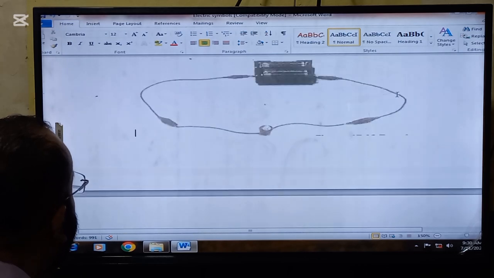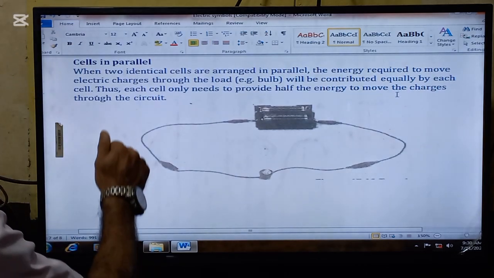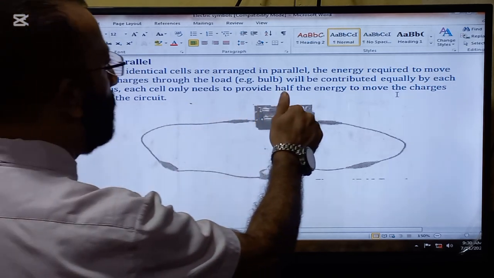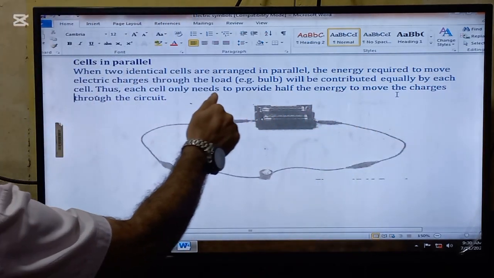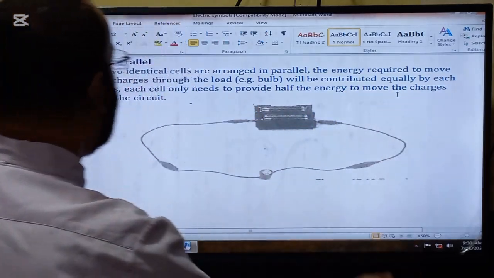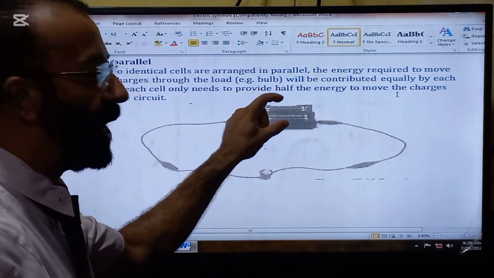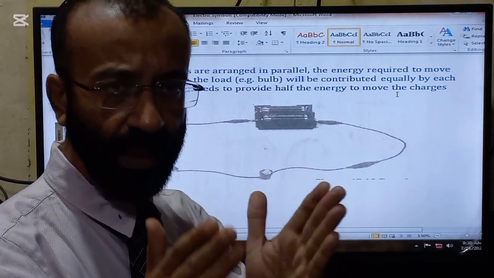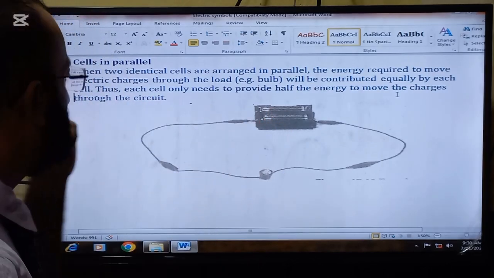Whereas the cells in parallel. When two identical cells are arranged in parallel, the energy required to move electric charges through the load, that is the bulb, will be contributed equally by each cell. So the EMF required will be contributed equally when cells are arranged in parallel.